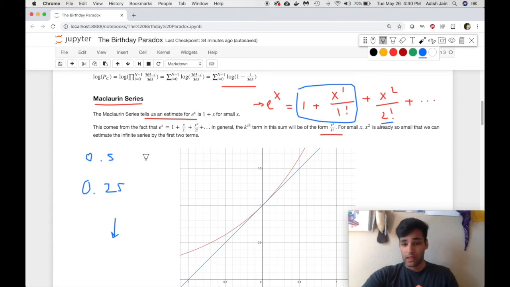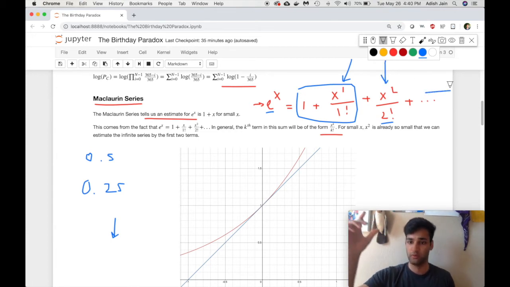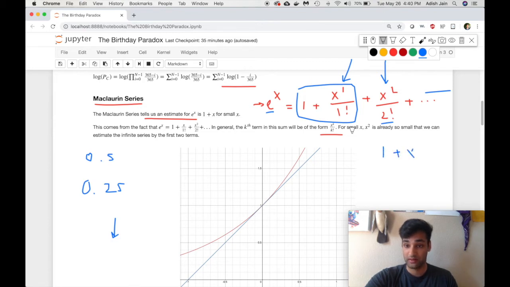When I have a really small x, it's sufficient to estimate e^x with just these first two terms, because the third term and so on will become so small in the numerator that there's really no need to include them in the estimate. So what we've basically said is 1 plus x is an estimate for e^x when x is really small.